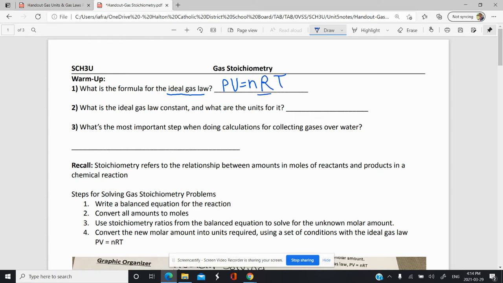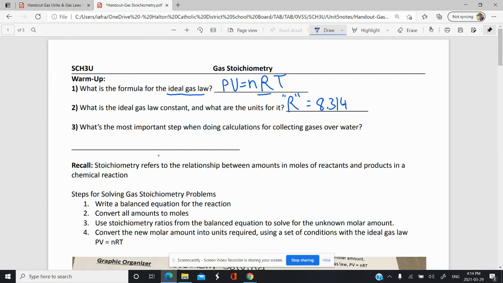And that goes into our second warm-up question, which is what is the ideal gas law constant and what are the units for it? So the ideal gas law constant is represented by the letter R, and it's going to be 8.314. This is specifically if we're using Kelvin, pressure in kPa, and volume in liters.